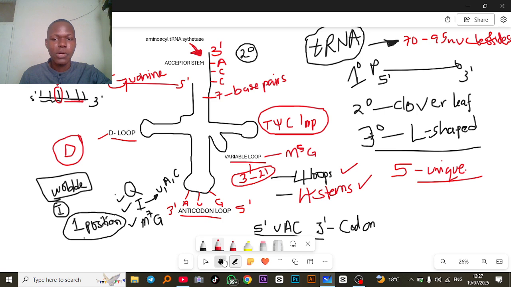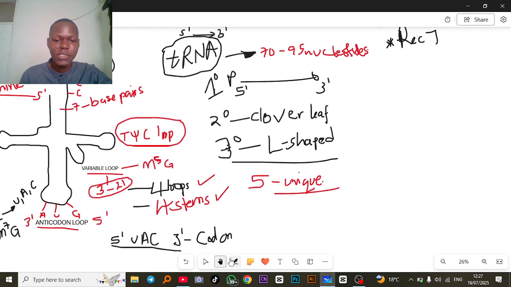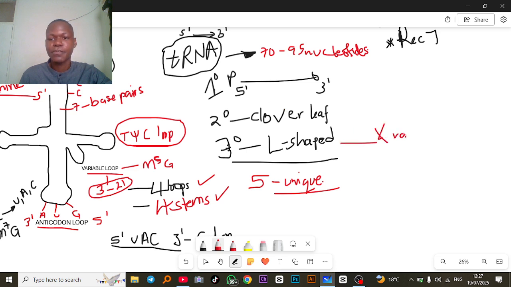So briefly talking about the tertiary structure. The tertiary structure was discovered by X-ray diffraction. Oh, sorry, X-ray crystallization. You may not need the years and so on, but it depends on the examination body.